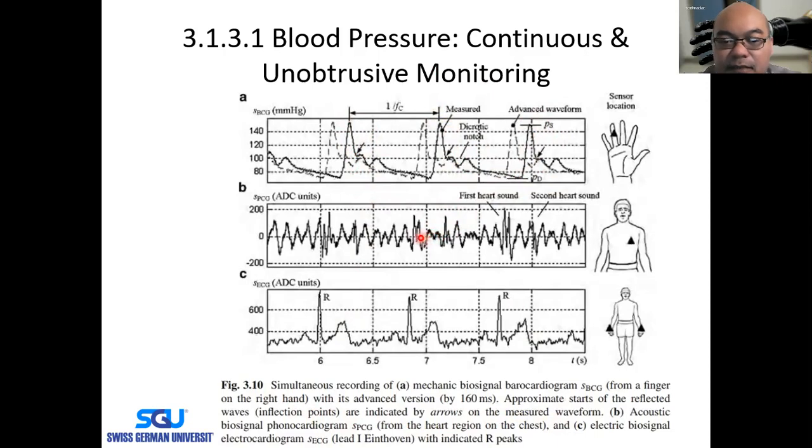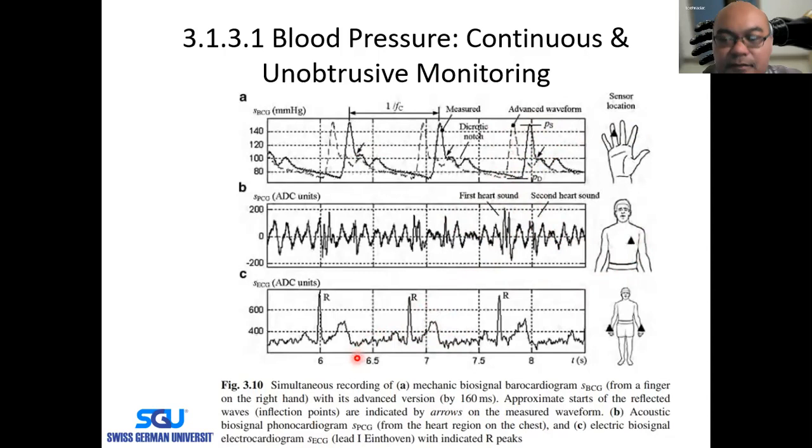And B is the acoustical biosignal from the phonocardiogram, SPCG, from the region of the heart. This is how the blood pressure corresponds to the sound of the heart. The actual blood pressure near the heart is made by advancing the measured blood pressure from the barocardiogram by several times, corresponding to the first heart sound.